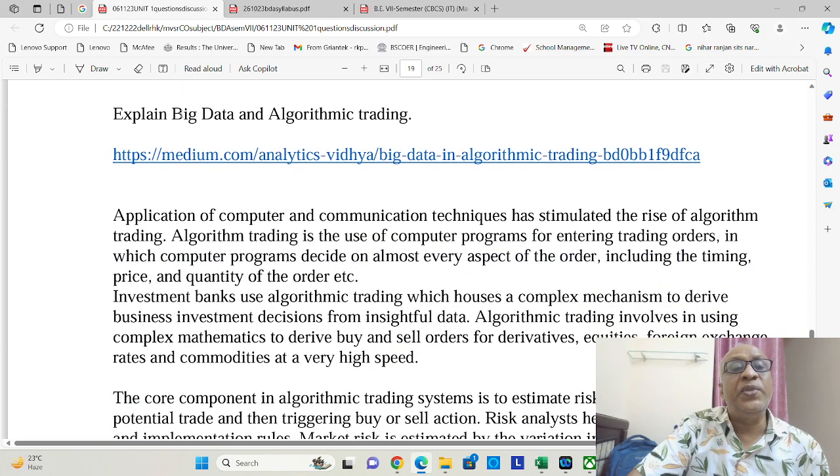Coming to the next question, big data and algorithmic trading. I extracted the answer and compiled it from this link of Medium dot com, and the topic name was big data and algorithmic trading.